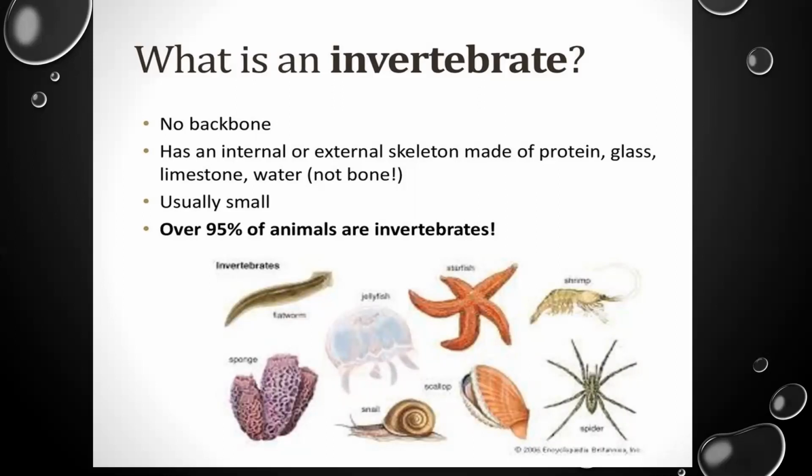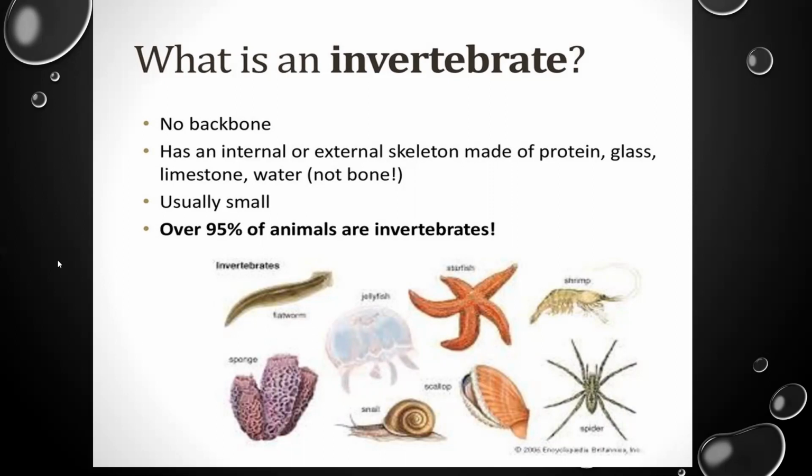Number one, invertebrate animals have no backbone. Remember that invertebrates do not have a backbone. Number two, they have an internal or external skeleton made of protein, glass, limestone, or water, but remember, it's not a bone.